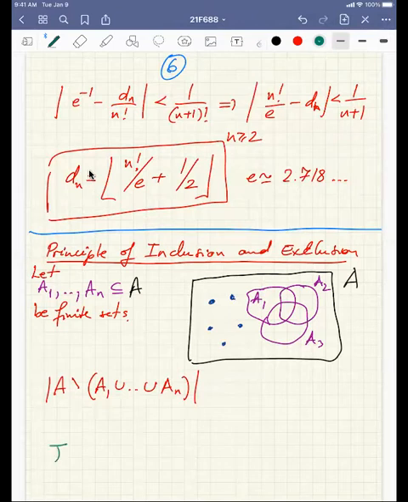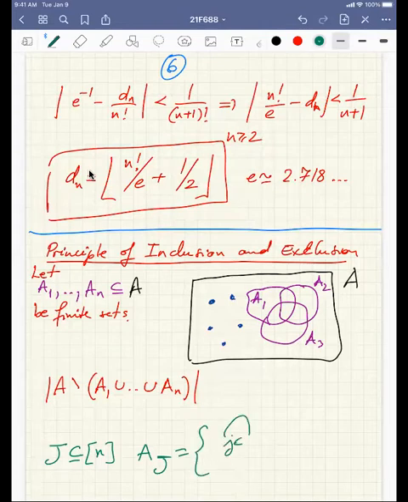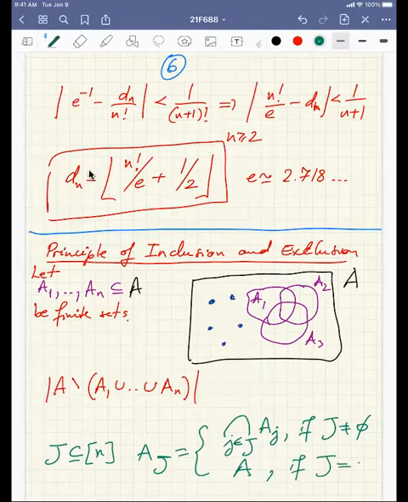If we have J, a set of indices, which can be seen as a subset of the set from 1 to n, I'm going to define A index J as the intersection of all subsets whose index is in the set J, if J is not empty, and it will be defined as the big set A if J is the empty set.